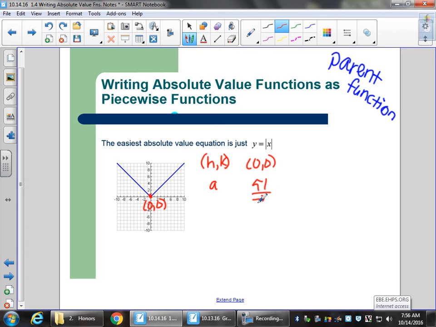Right 1. What is up 1? Positive or negative? Positive. Right 1? So I have H, I have K, and I have A. What's the general form again for an absolute value function? F of x equals A.